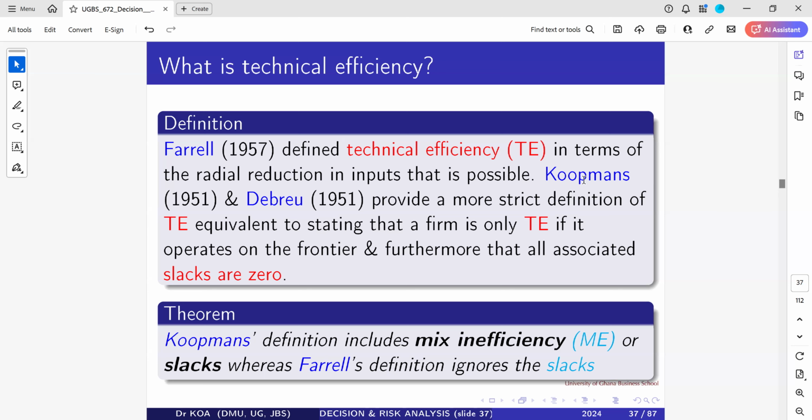Ladies and gentlemen, technical efficiency is the efficiency of a company as a result of management's own experience and knowledge. That is what we call technical.